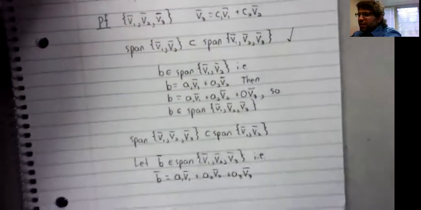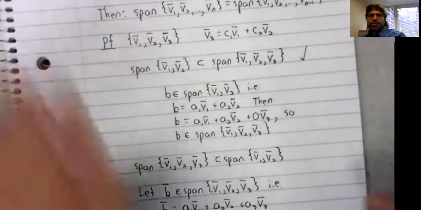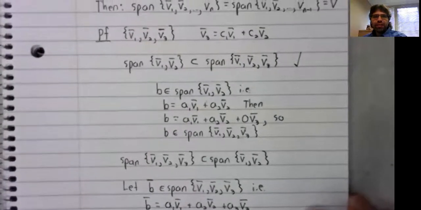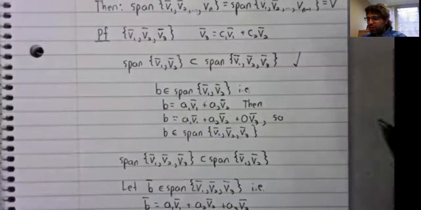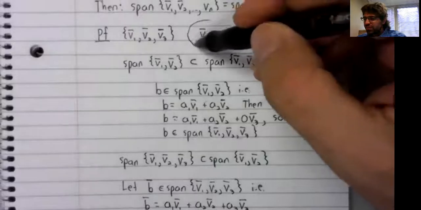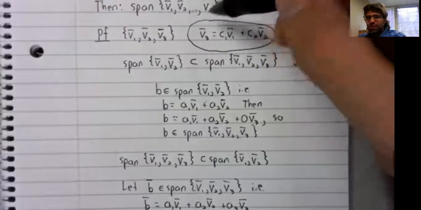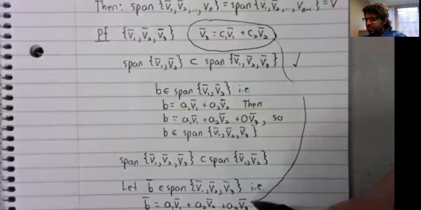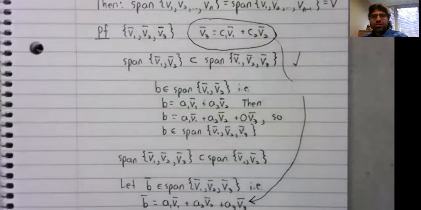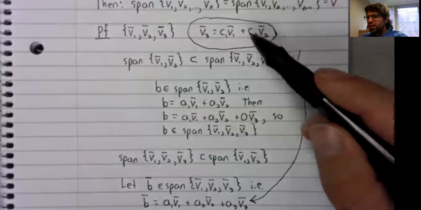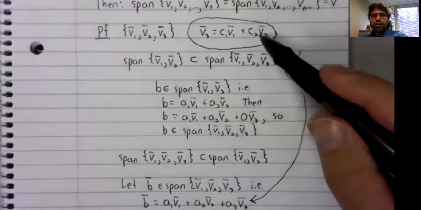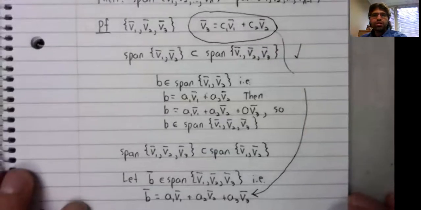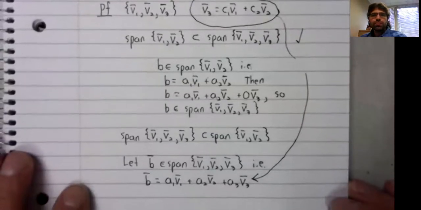Let me try to get both of these facts in our field of vision. V sub 3 is this linear combination of V sub 1 and V sub 2.